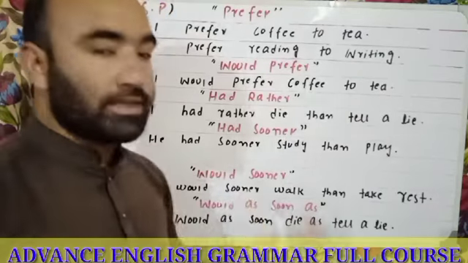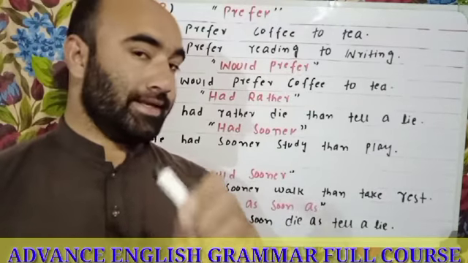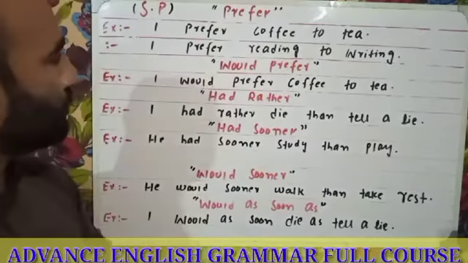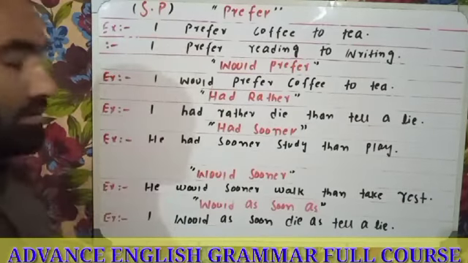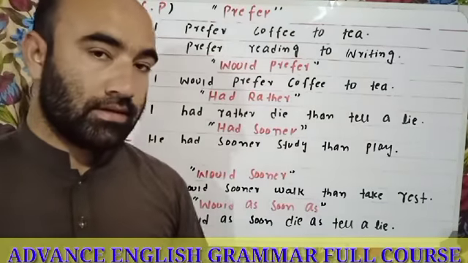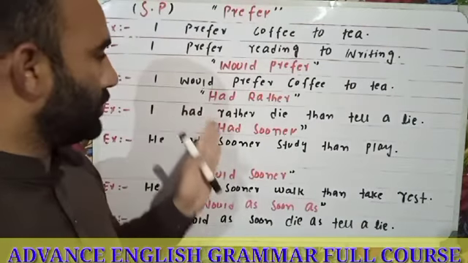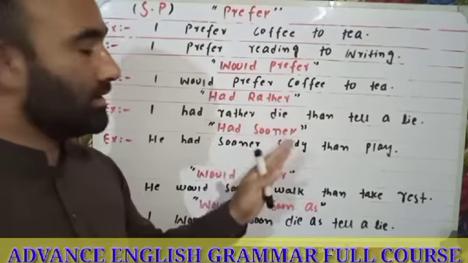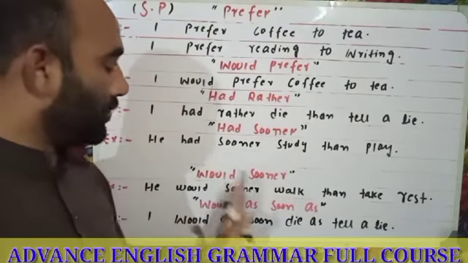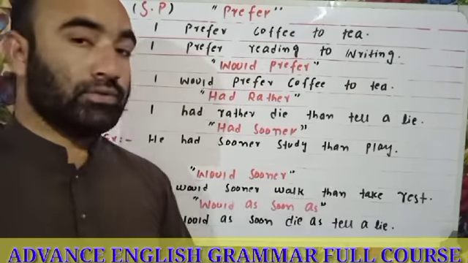And you can adopt in which you feel easiness. And another thing, with all the subject pronouns, you can use prefer, would prefer, had rather, had sooner, would as soon as.